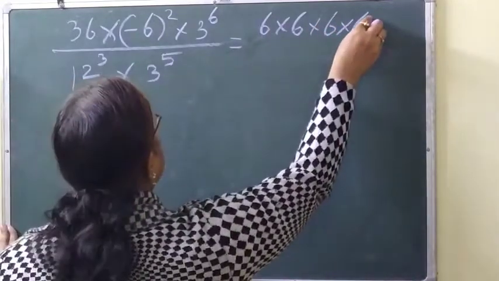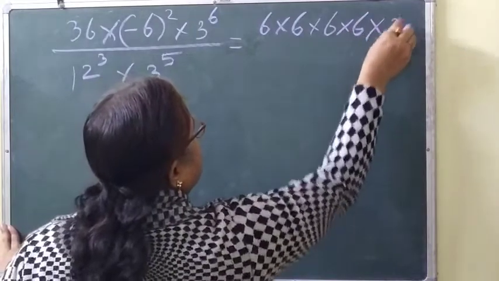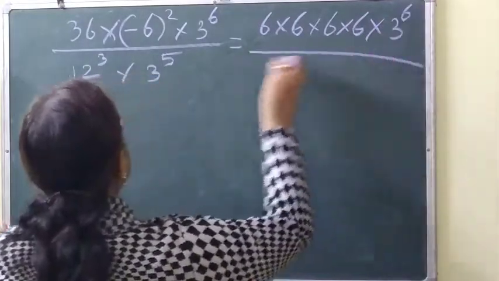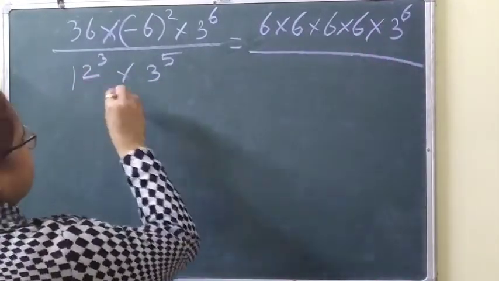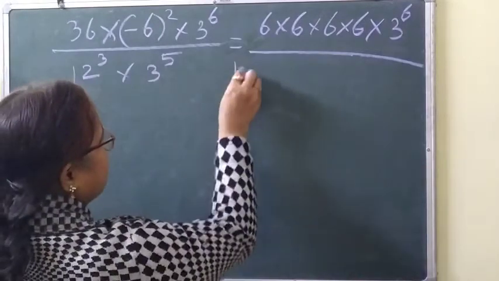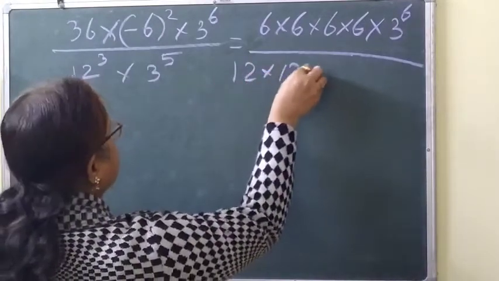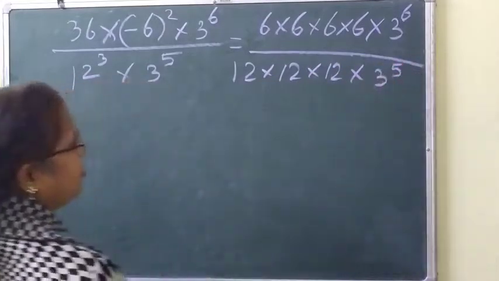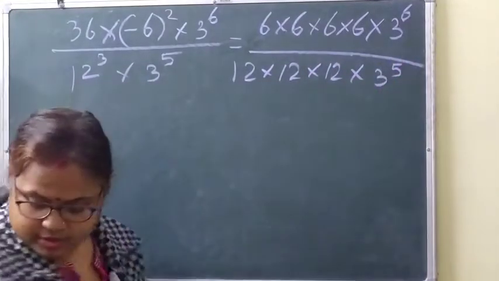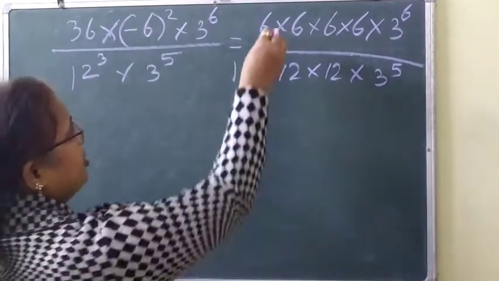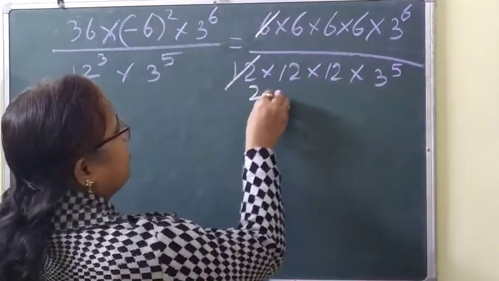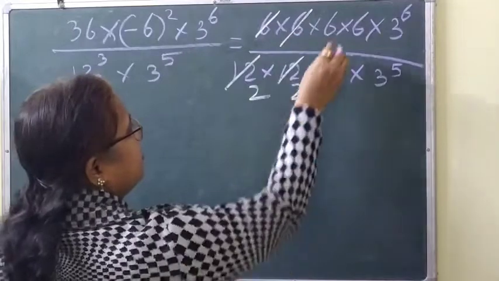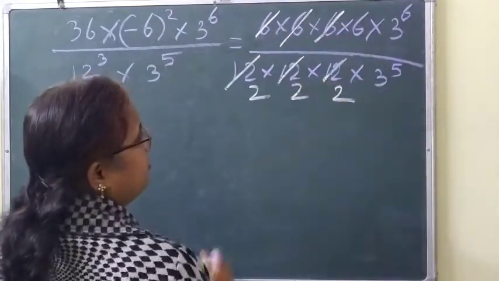Then here, what can we write? 3 to the power 6. And here 12 is given, so what can we write here? 12 into 12 into 12 into 3 to the power 5. Clear? So now what can we do here? We can cut. 6 to the 12.